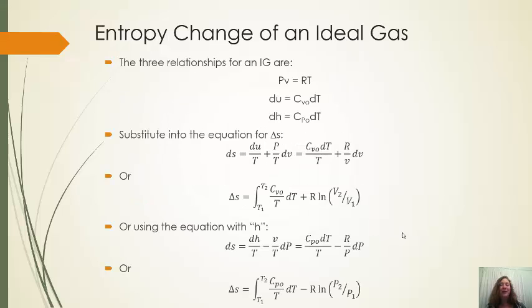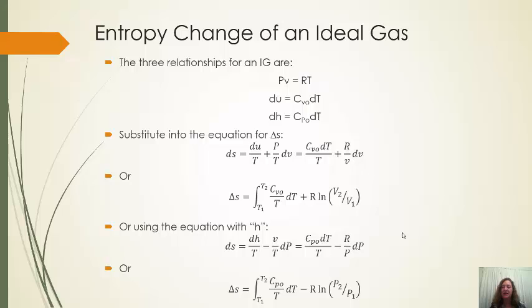Now our other favorite special case is the ideal gas. The relationships that I know right now for an ideal gas are basically Pv equals RT, du is Cv dT, dh is Cp dT. If I take those and substitute them into the expression for ds, well I get du over T plus p over T dv.